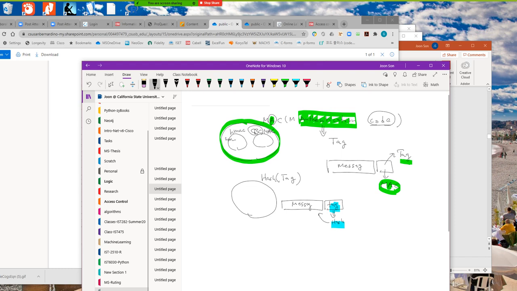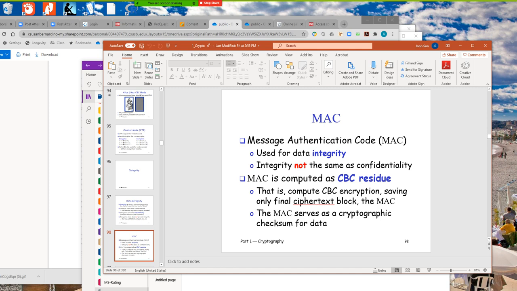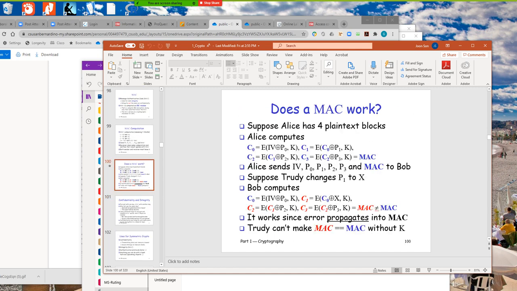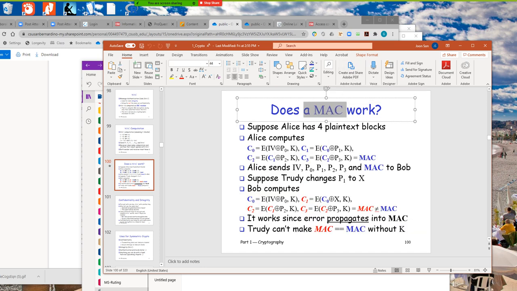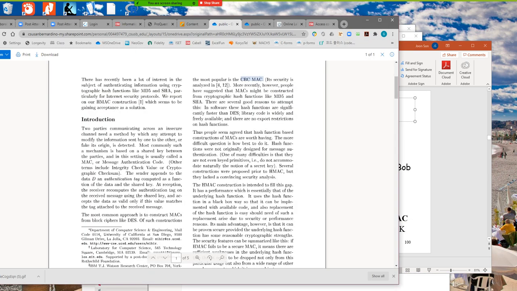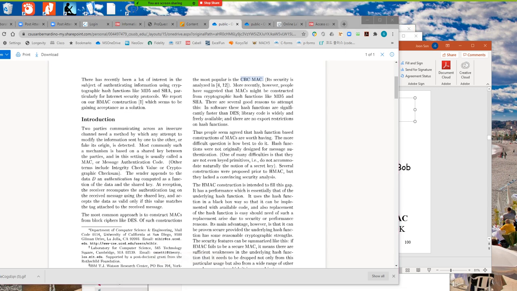This CBC MAC is basically this, something that we learn in this book. It does not really call it a CBC MAC, but I think in this textbook, when they say MAC, it really means CBC MAC. So please don't be confused.